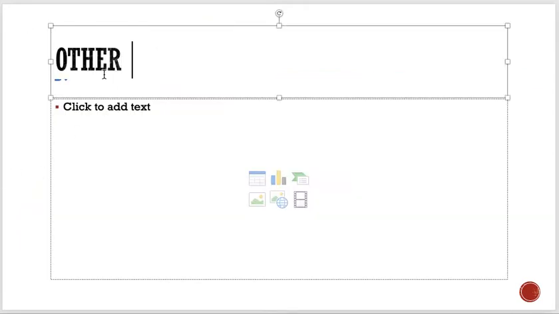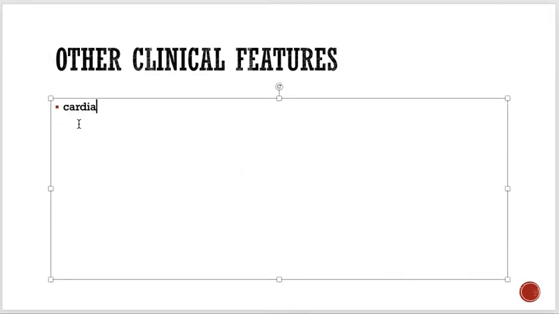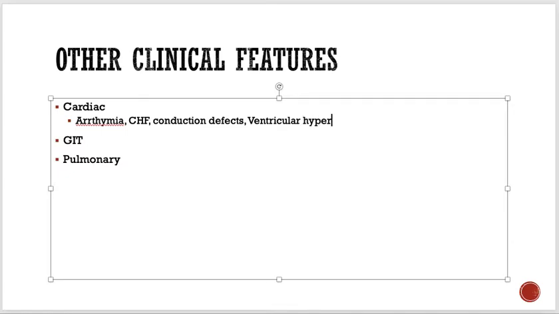Now, other clinical features which can be present: cardiac involvement, gastrointestinal involvement, and pulmonary involvement as well. Cardiac involvement could be anything like arrhythmias, congestive heart failure, conduction defects, ventricular hypertrophy, and even pericarditis.